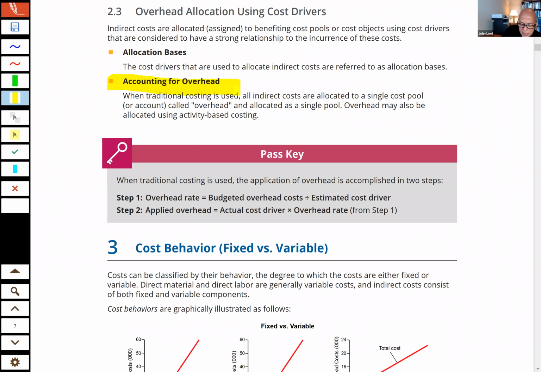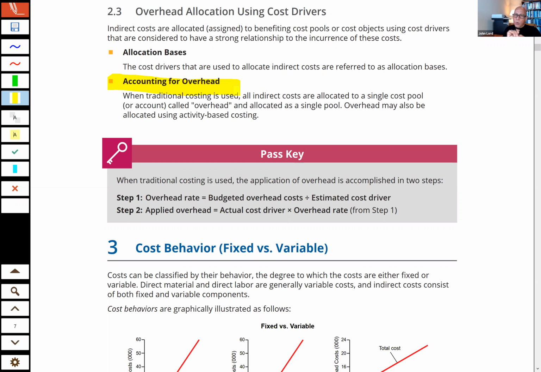You often see this discussion of allocation base. And what I don't like about the term allocation base, an allocation really is taking a cost and arbitrarily assigning it to different categories. I would rather call this an application base, as you apply the cost to the job as they incur whatever the application base is. Allocation says the cost has been incurred and we're just now going to allocate it between different categories or different accounts.